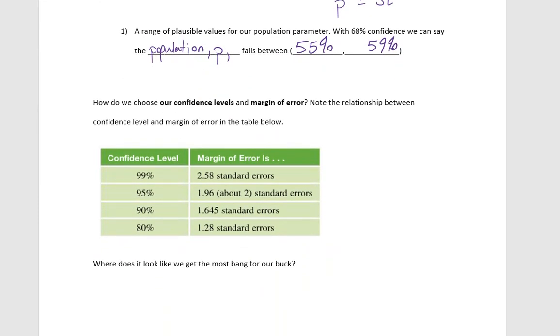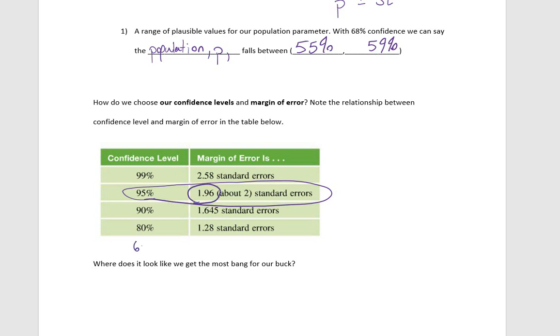Now, when we're calculating our confidence levels and our margin of error, there's going to be a relationship. The more confident you are, the bigger your error is going to be. If you want to be 95% confident, that's going to be about 2 standard errors away. Or if you want to be really exact, it's actually 1.96.